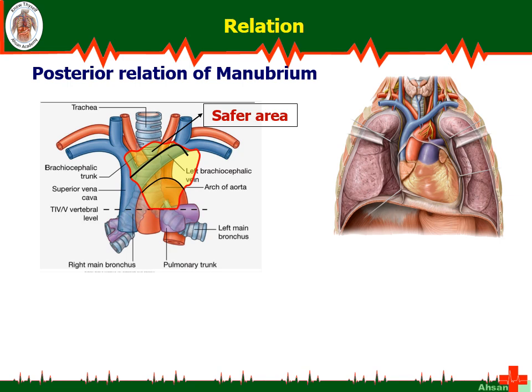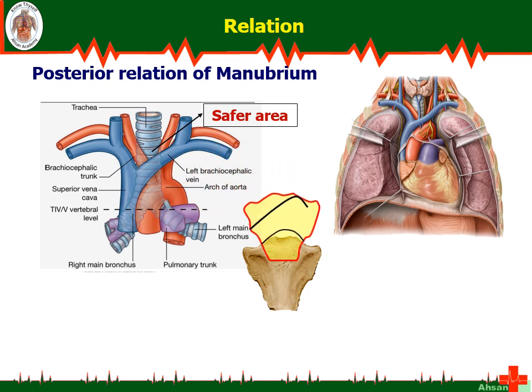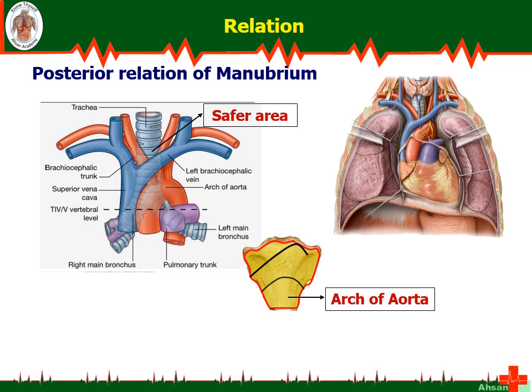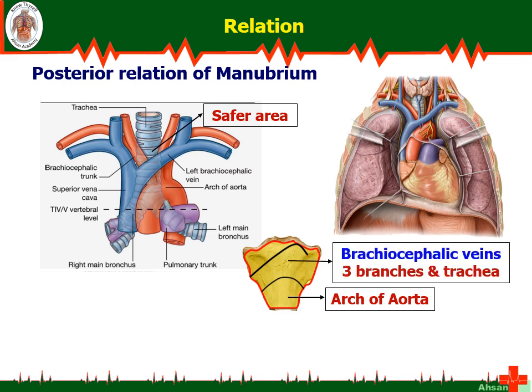Just above the left brachiocephalic vein, the upper part of the manubrium sterni is safer in relation to important structures. So if we draw it on the surface, you can see this is the position, and this is the area for the arch of the aorta, and below the line this is the area for the left brachiocephalic vein, and behind that 3 branches of the arch of the aorta lie.